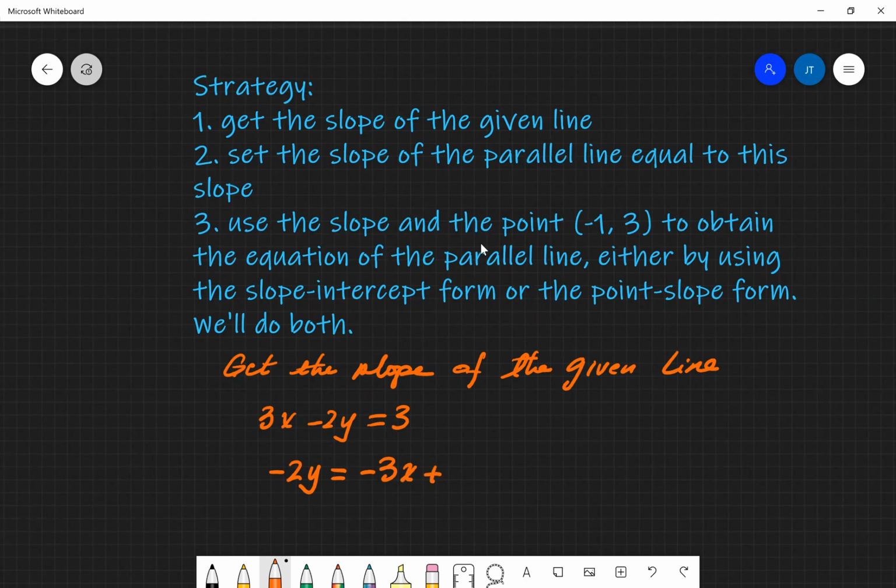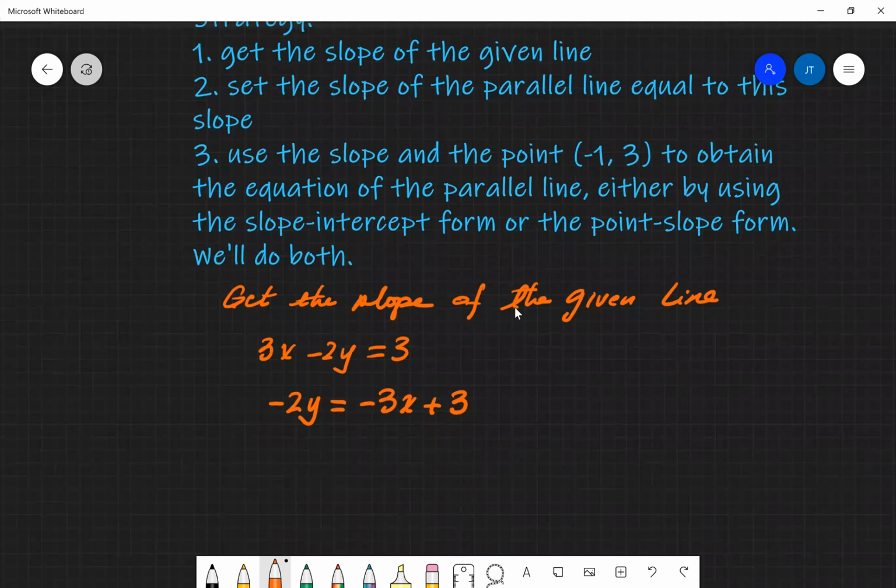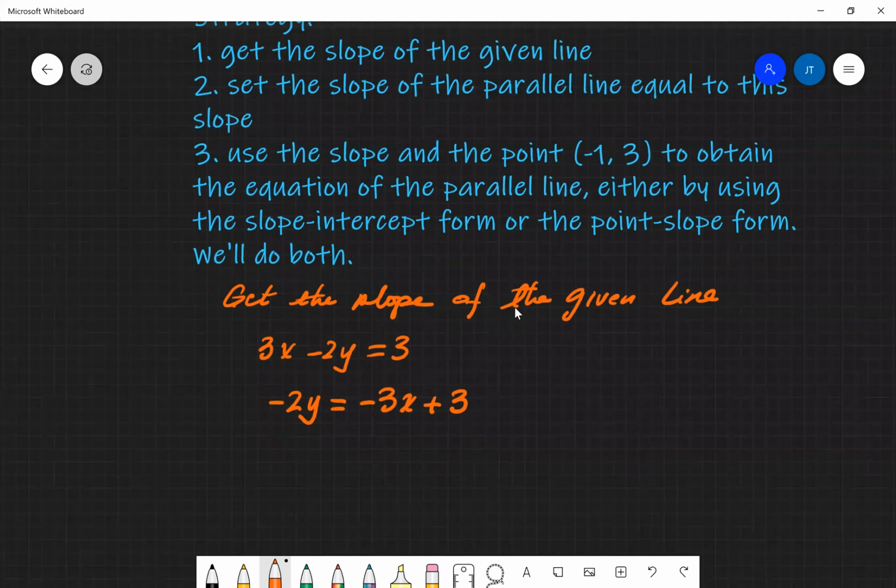So y equals (3x - 3) divided by -2, which gives y = 3/2 x - 3/2.